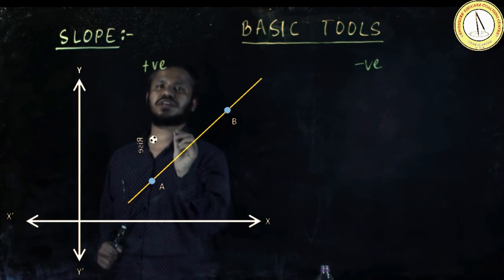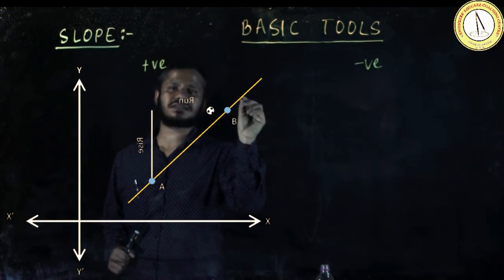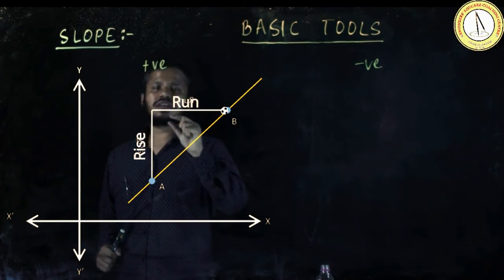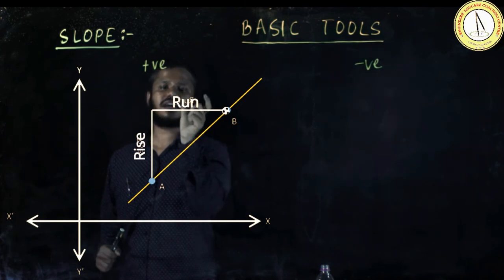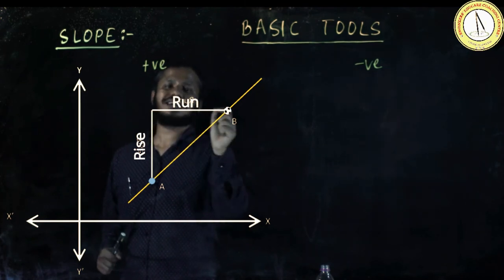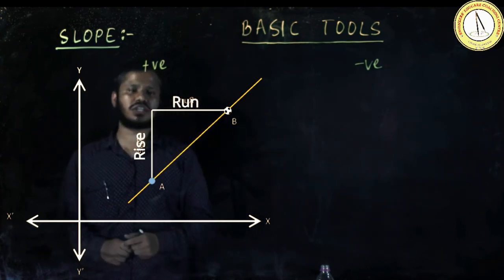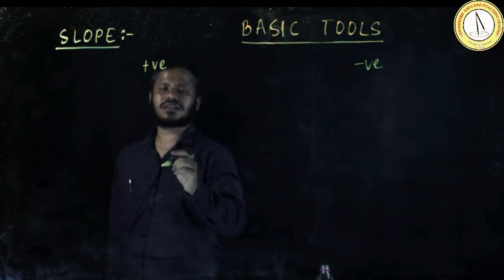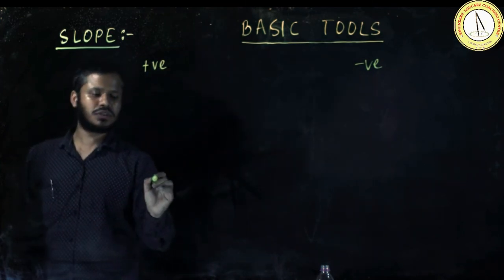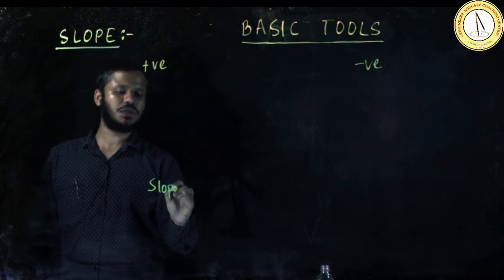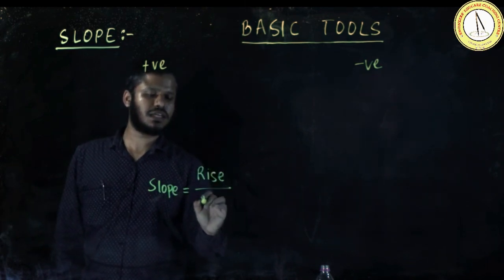You see the ball is moving up and then it is moving along the positive direction of the x-axis. The movement of the ball that is up is called rise, and the movement of the ball in the positive direction of the x-axis is called run. So the positive slope will be rise by run. Slope is equal to rise by run.